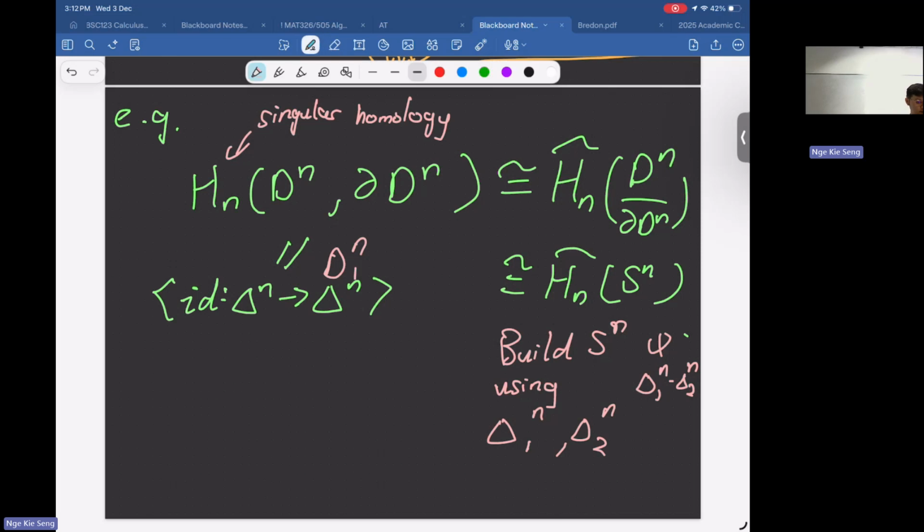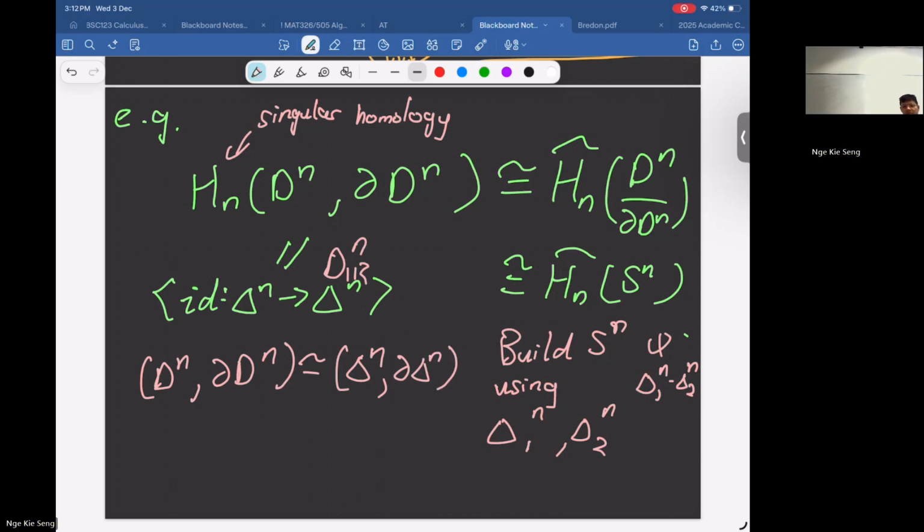Because Dn and delta n are topologically equivalent, homeomorphic. Actually, (Dn, del Dn) is homeomorphic to (delta n, del delta n), like that.